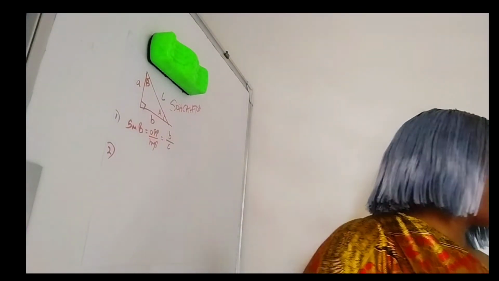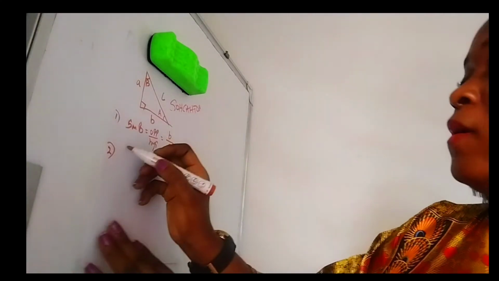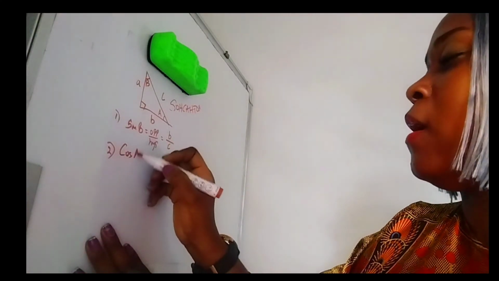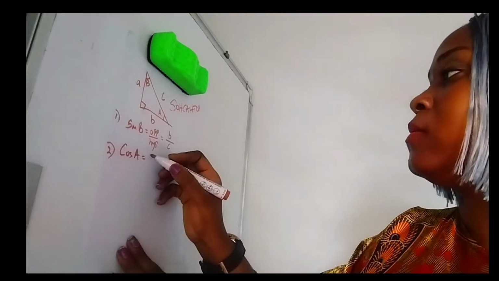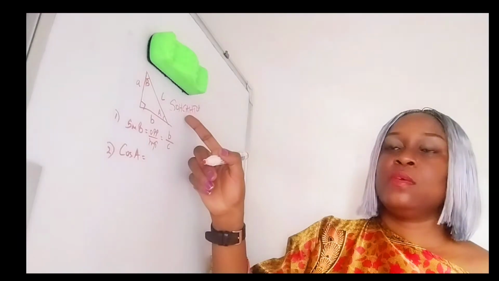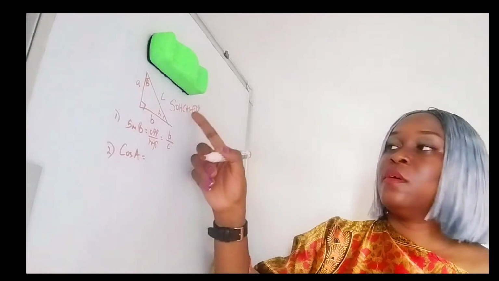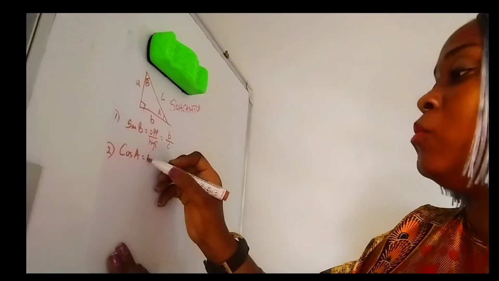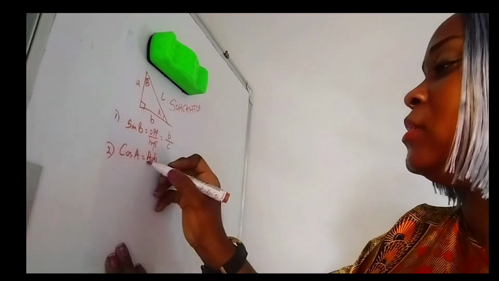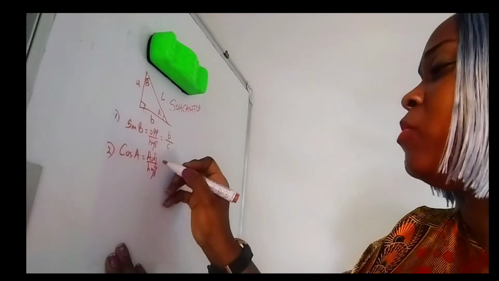So which other expression are we asked to find? What is the expression for cos A? Okay, so we'll say cos A. Cos gives us adjacent over hypotenuse. So we'll write it out. Adjacent over hypotenuse.